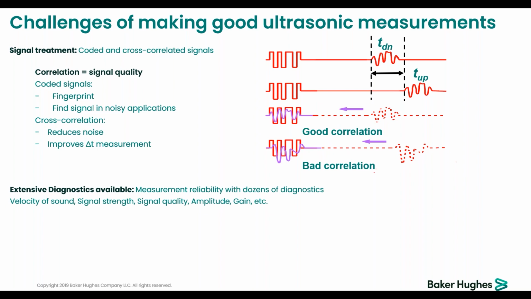All the ultrasonic meters, again, whether you use that or not, have extensive diagnostics available. Those diagnostics will help to put an assessment on the health of the instruments and the quality of the readings, right?